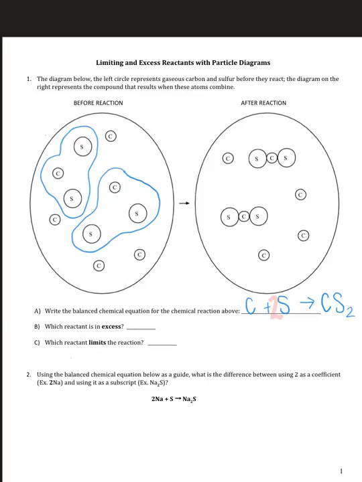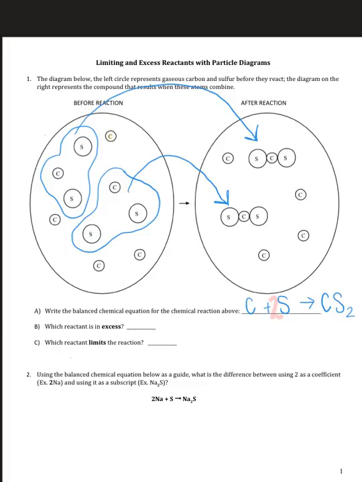Now, because of my balanced chemical equation down here, I know that when I have 1 carbon and 2 sulfurs bonding together, I get 1 carbon disulfide molecule. So what that means is this group of 3 atoms gave me this product, and this group of 3 atoms gave me this. But again, we are noticing that there are some leftover carbons here.